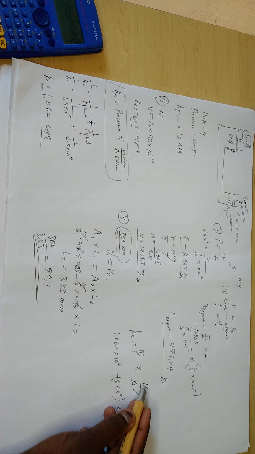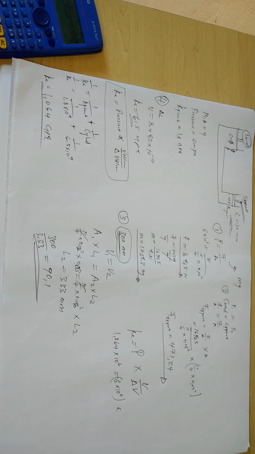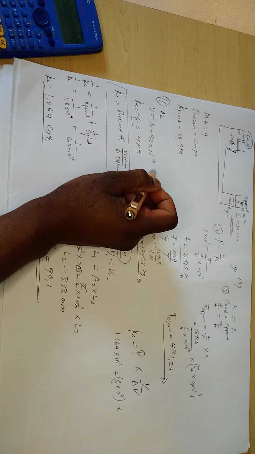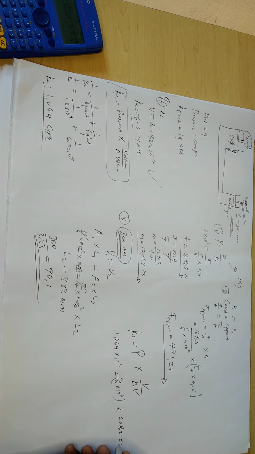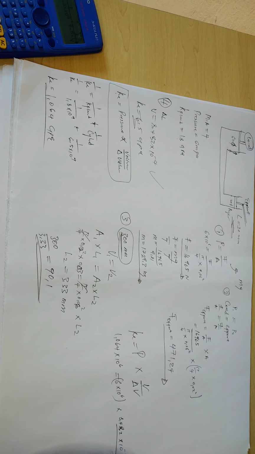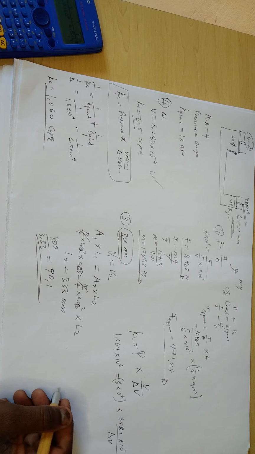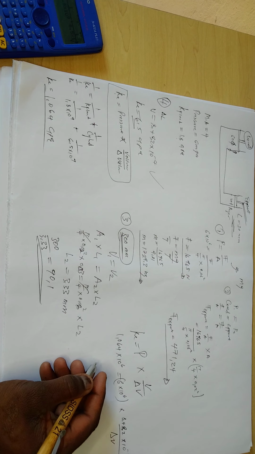Where do we take the volume? At this point we are not given a percentage. I told you if you had the percentage you put percentage, but now we are given this, so it means we're going to have 8.482 times 10 to the power minus 4 divided by changing volume. Then let's find this.